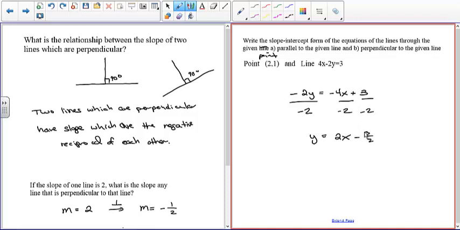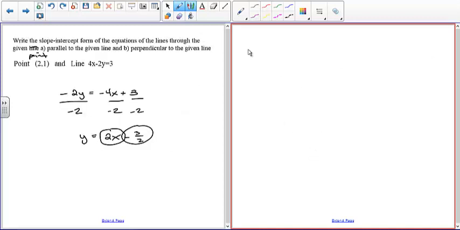Now, this part is irrelevant to answering the question, because all we care about is what is the slope of the original line. So part A is we have a slope that's the same because it's parallel. Slope equals 2, and the point is 2, 1.